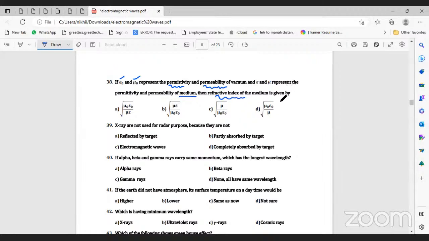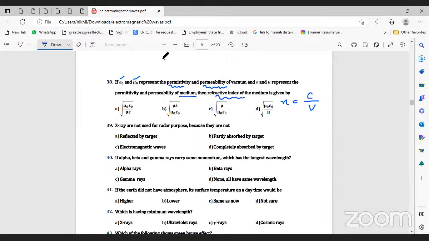You know that refractive index is defined as the ratio of the speed of light in air or vacuum to the speed of light in the given medium.